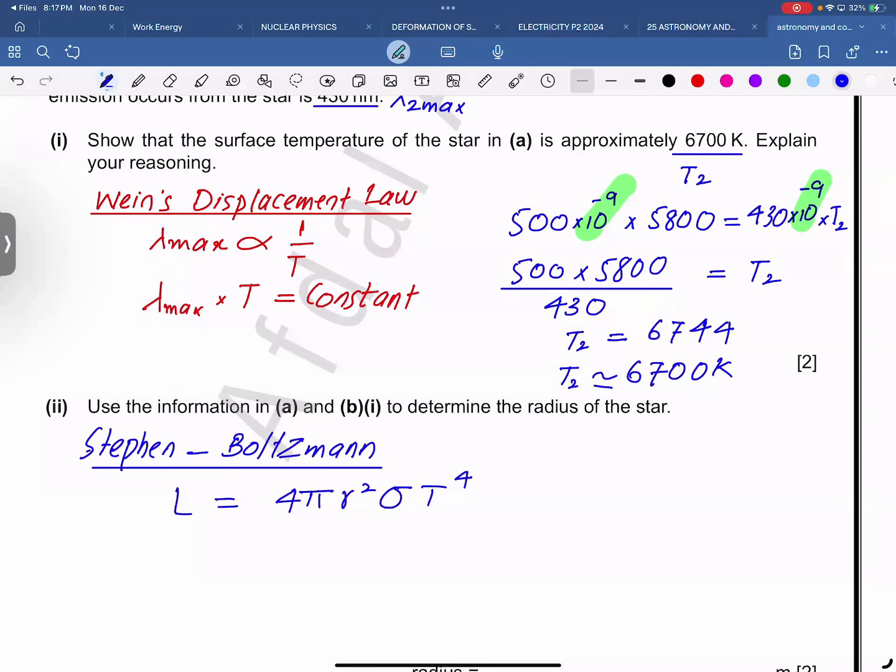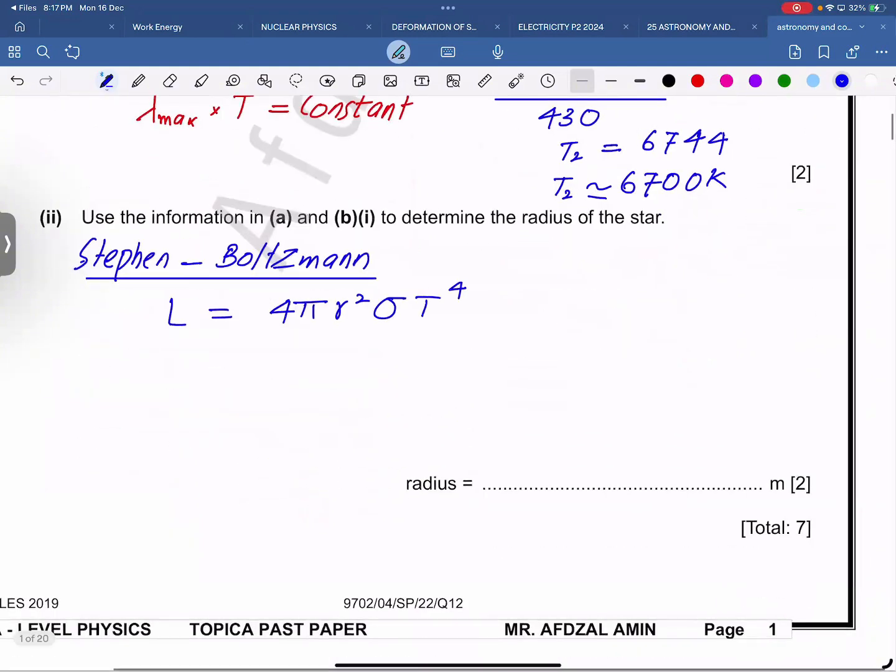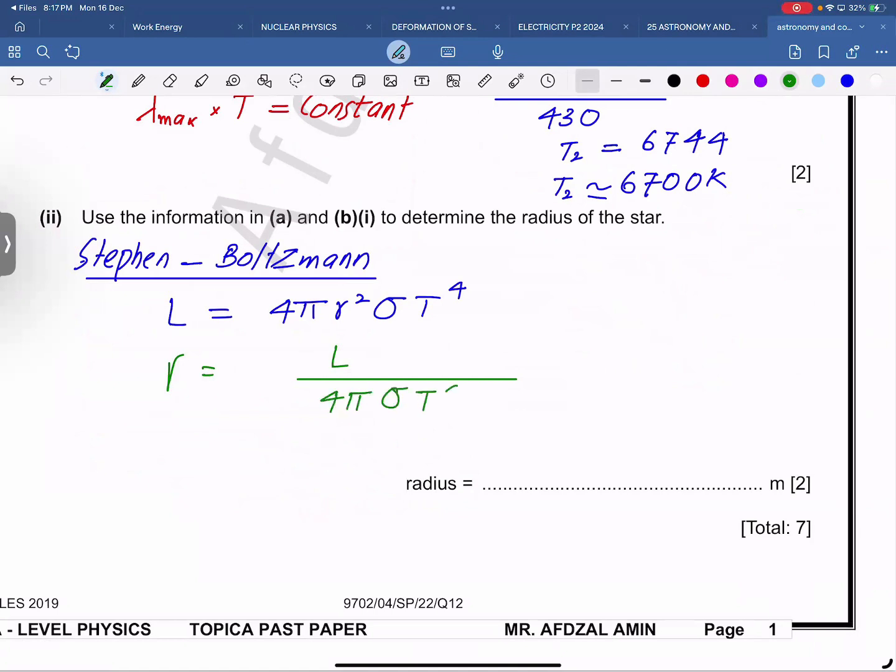Do you have the temperature of this star? Yes, 6,700. Sigma you will take from the sheet. R you want, luminosity you have. So R will be the square root of L over 4 pi sigma T^4.